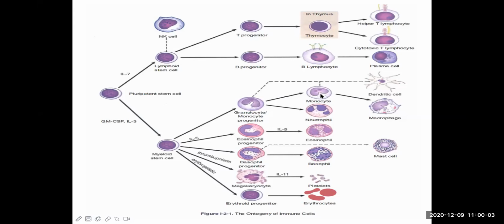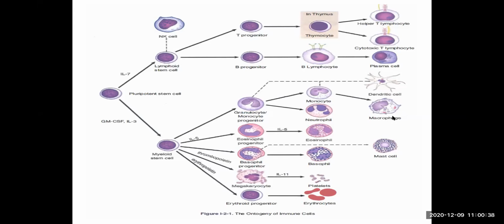In some textbooks it is written that the dendritic cell is a type of monocyte itself, meaning monocyte will differentiate into the dendritic cell. Look at the origin; it is the same. The parent cell is the same for dendritic cells and macrophages, which are monocytes. So don't get confused here. Macrophages are the tissue form of monocyte. In the blood, it remains as monocyte, but when it moves to the tissue, it is known as macrophage.